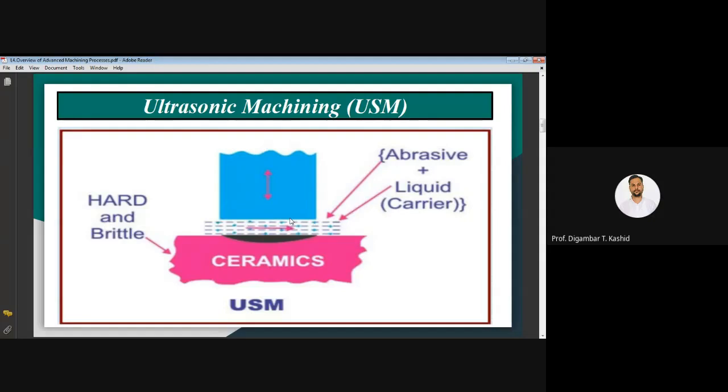Between tool and workpiece there is always a small gap, and in that gap abrasive slurry will be there. Now this ultrasonic machining is normally used to cut hard and brittle material, because it has more capability than abrasive jet machining or water jet machining.